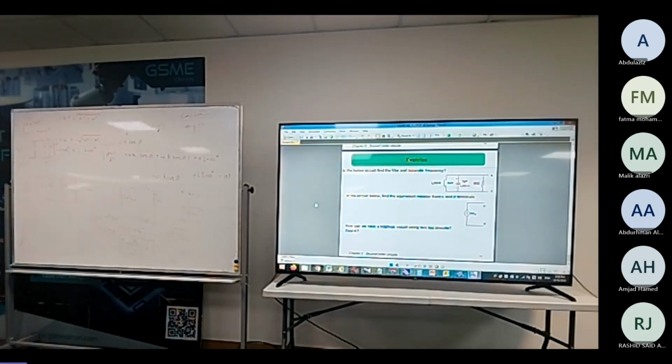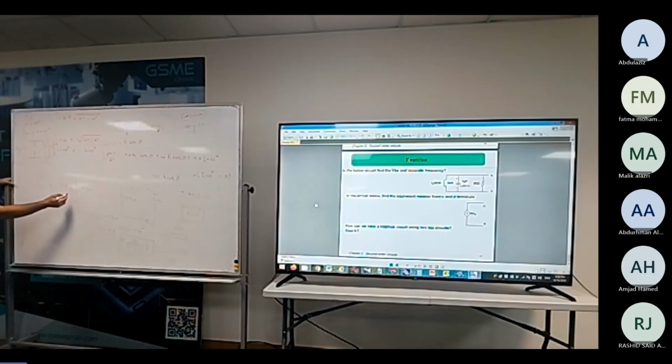This circuit can be a lossless circuit if, what's the relationship between K and R? These two resistors should be the same. If I want to have an infinite resistance, these two should be the same.